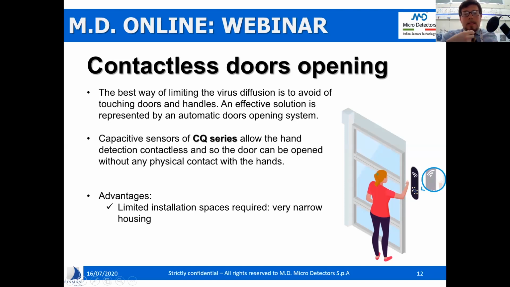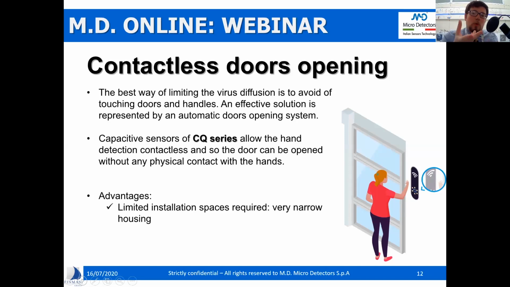How? By simply using this capacitive sensor installed behind a panel and able to catch the presence of a person who is just moving the hand in front of the sensor at a distance of about some millimeters.